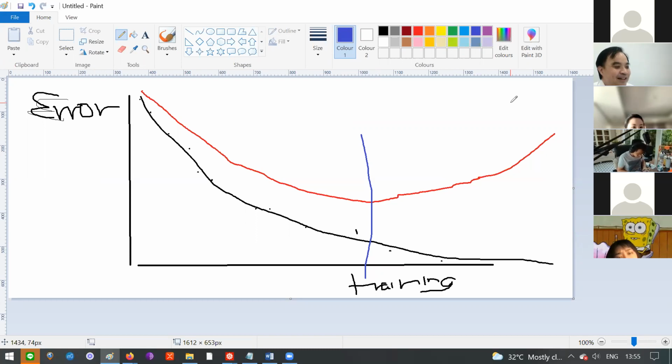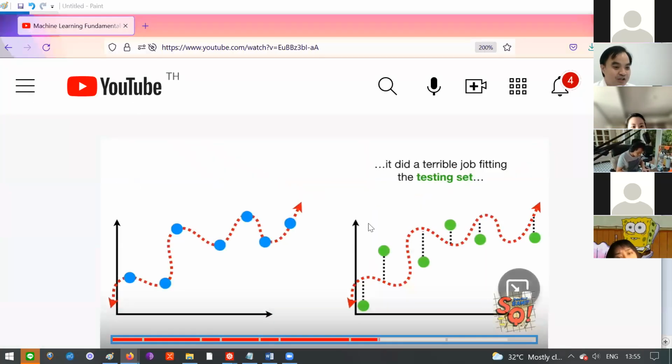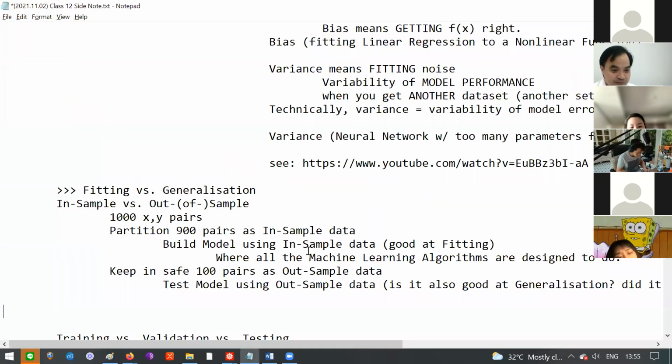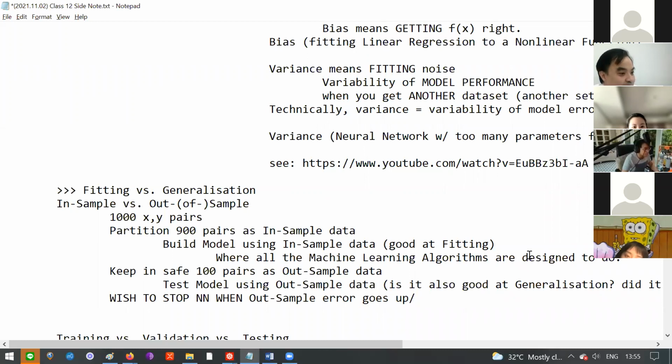Why can't you use this for the blue and this for the green? What you wish to do is stop the neural network when out-of-sample error goes up. Why can't you do it in practice? Anybody?